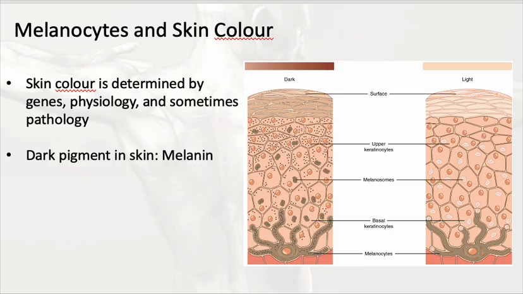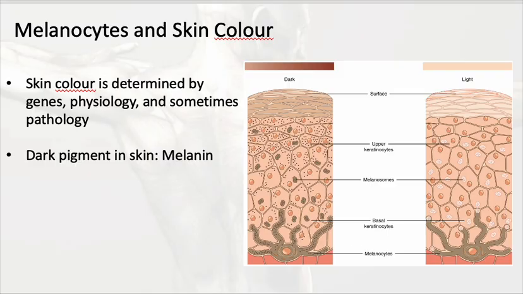So the melanocytes are the type of cell that produce melanin. So two individuals might have the same number of melanocytes, but there may be differences in how much melanin their cells are producing. And that will change and determine whether their skin is lighter or darker.